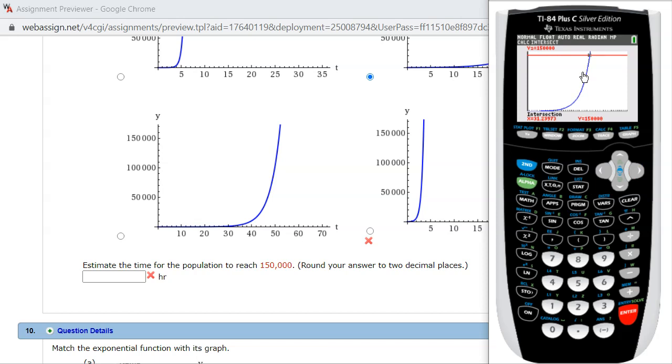It's kind of hard to see, but it's 31.239, so it's 31.24. Let's check the answer.